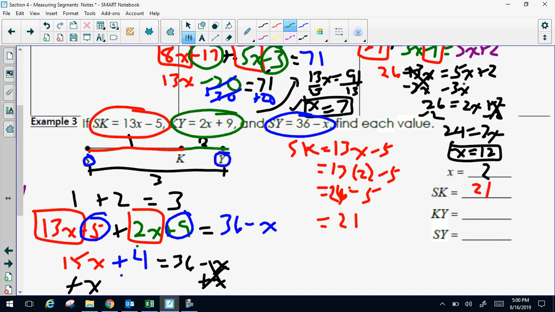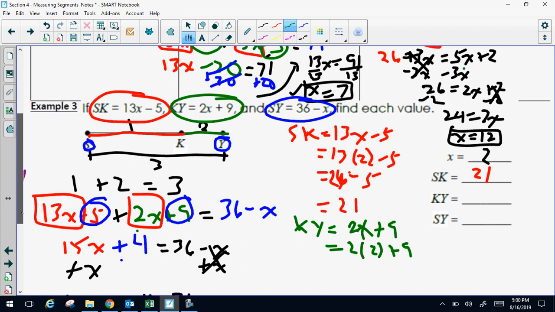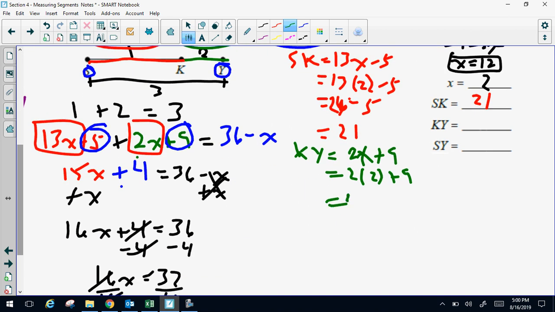KY is equal to 2 times x plus 9. So 2 times 2 plus 9 gives me 4 plus 9, which is 13.